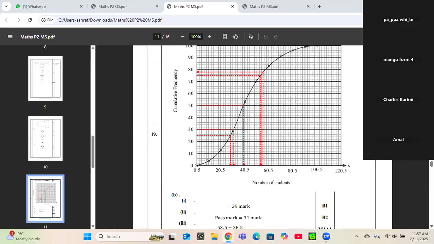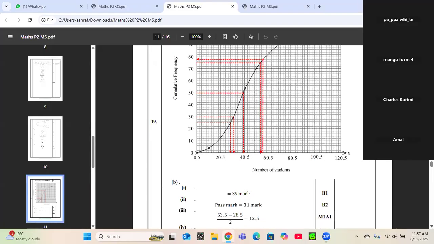So according to this one, it is 53.5. Then for Q1, you take a quarter of 100, that is 25. Then you read the corresponding value of 25 on the x-axis, which is 28.5 according to this graph. Then the difference divided by 2. You get the quartile deviation.